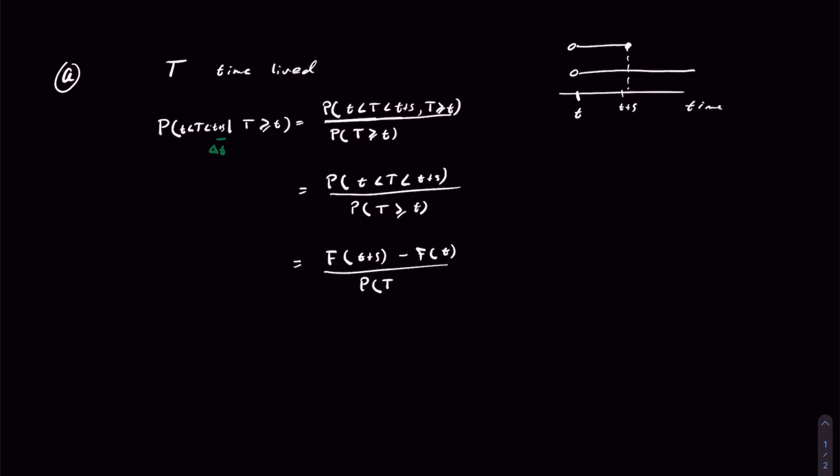So let's just write it down as 1 minus F of t. So this is the complement event.